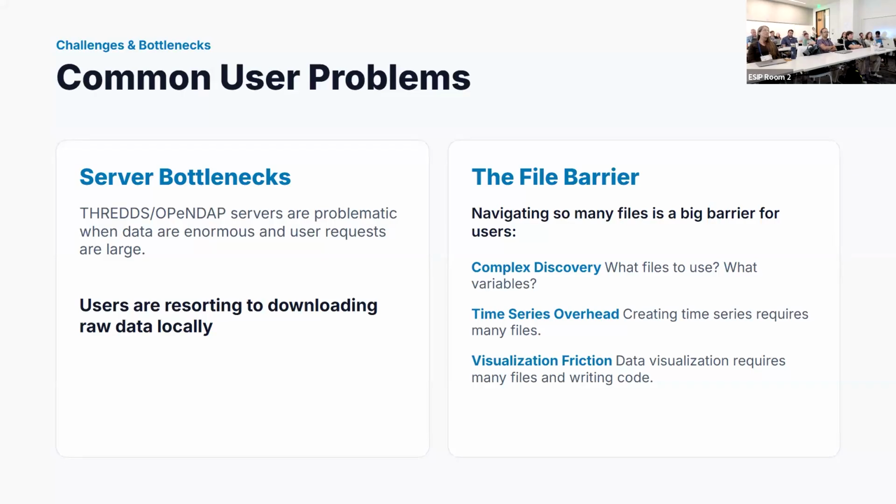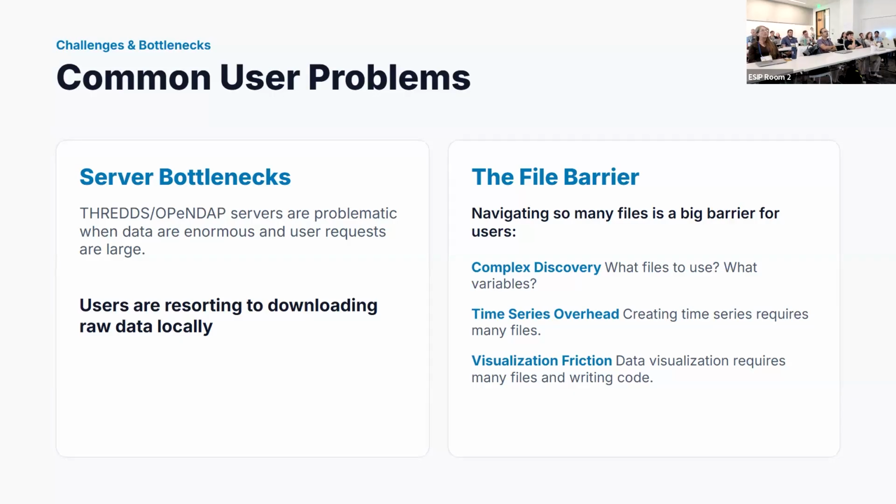One you've already heard about: the barrier that can come if you are serving data from a THREDDS server. Typically there will be some limit to the amount of data that you can download. When you're working with massive files, your users are going to be hitting that all the time, and that's super frustrating to them. So what we're seeing among our users is that they're resorting to downloading all this data locally.